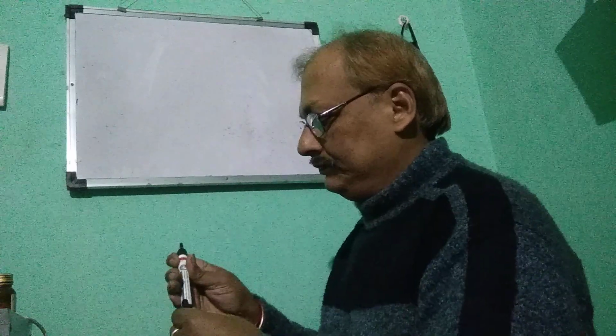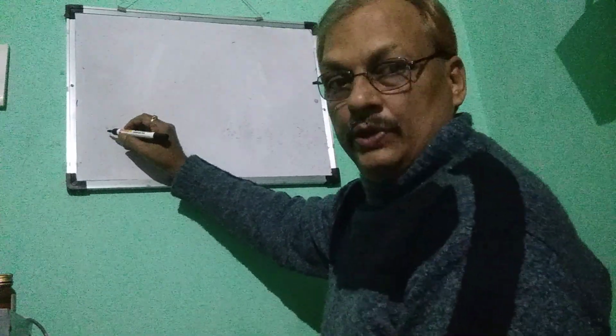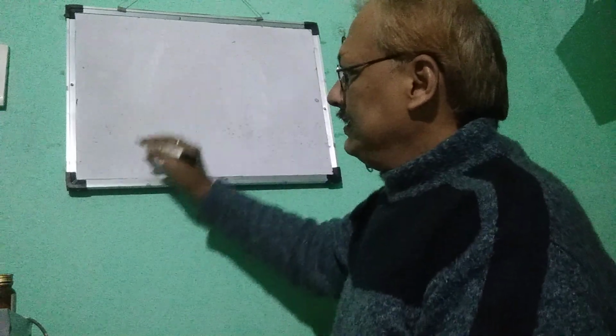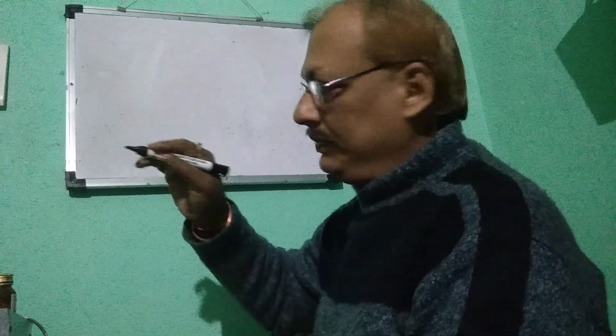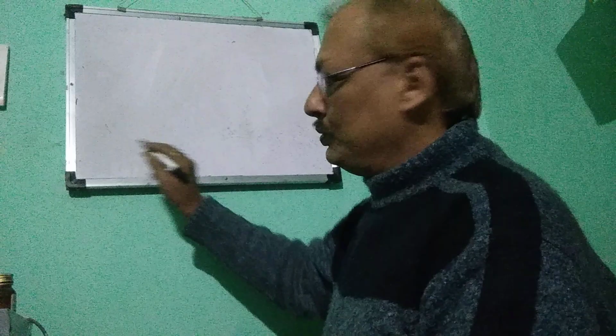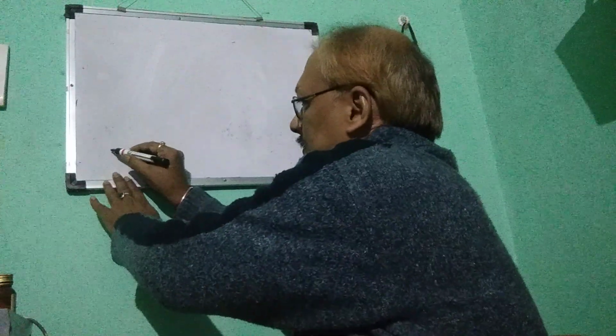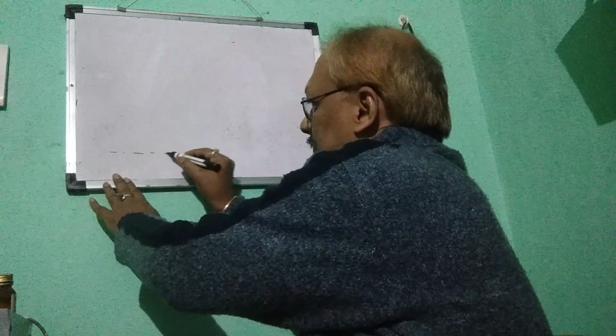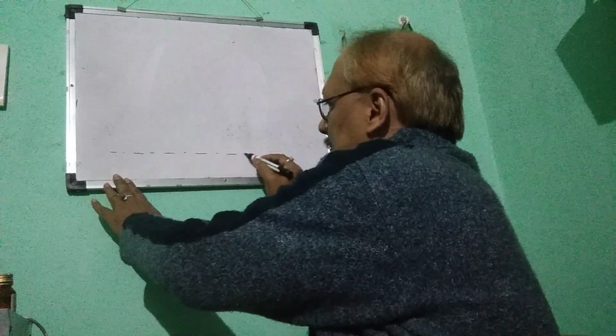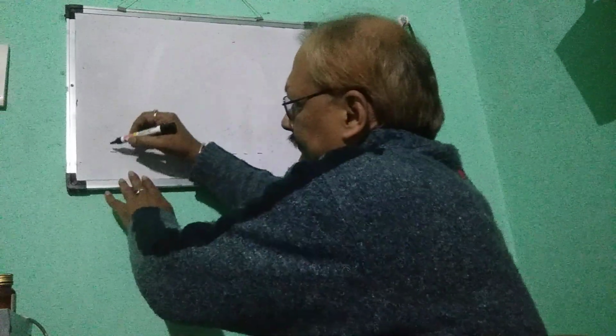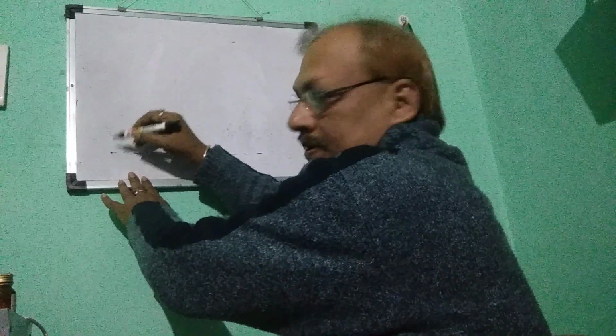Okay, it is very simple. You have to make first two lines, one at 45 degrees to the horizontal and the other at 30 degrees to the horizontal. So this is horizontal. Take 0 here.